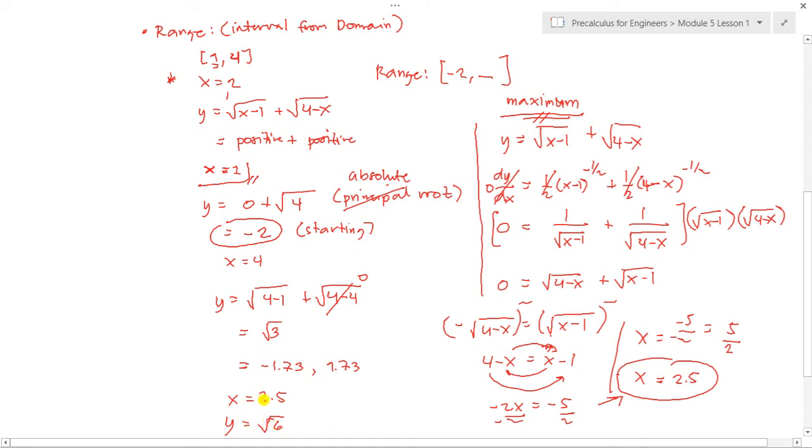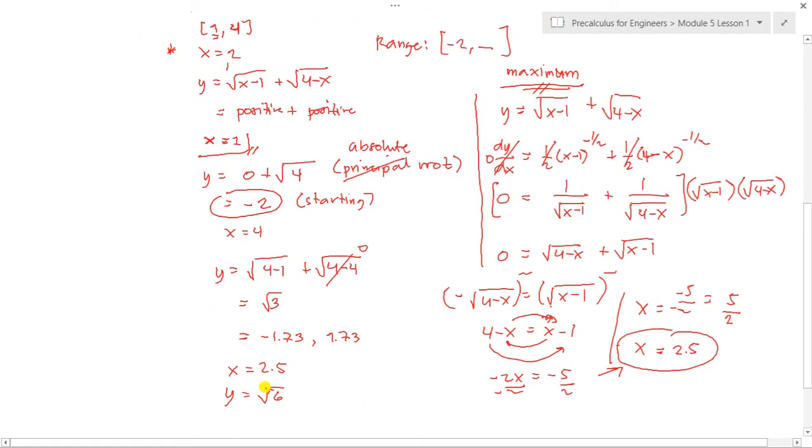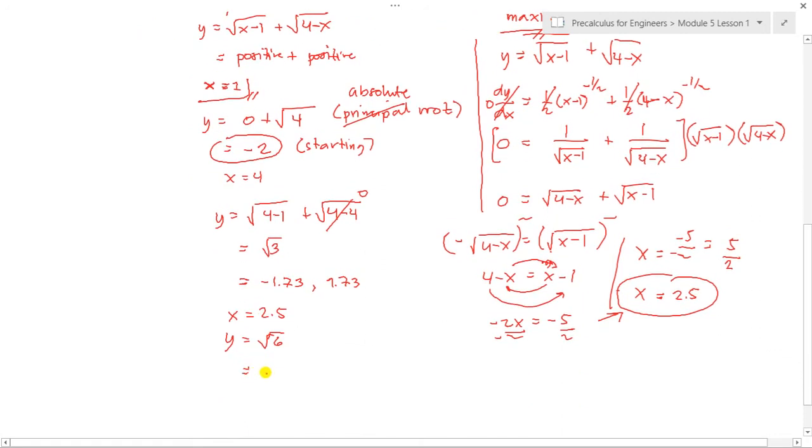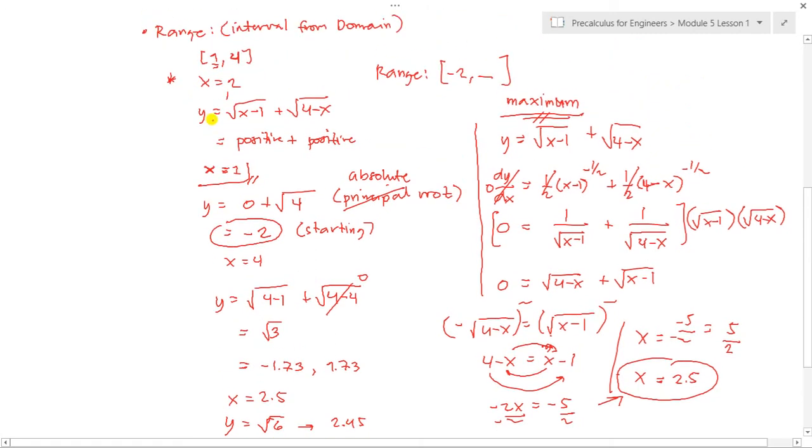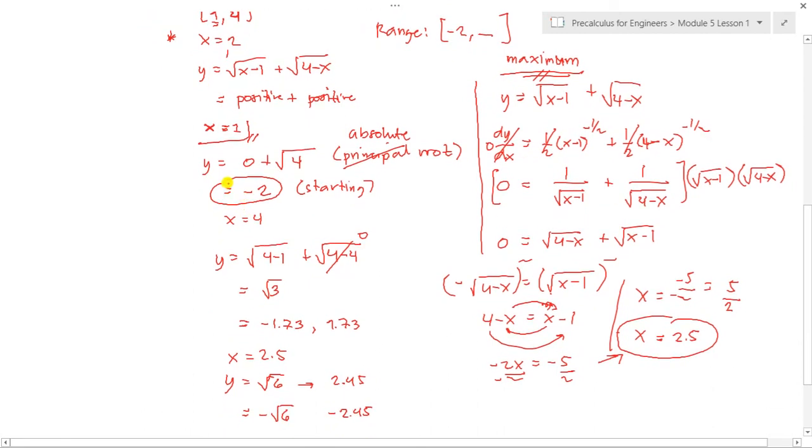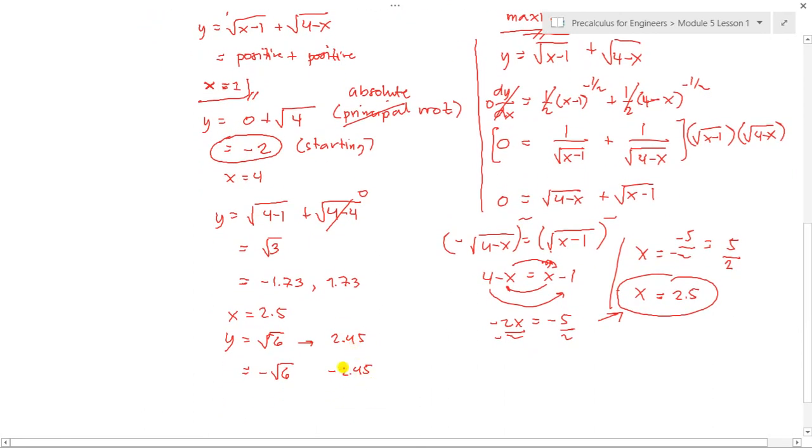But actually if we are going to take the absolute root, we can also produce the negative square root of 6, right? So this would be approximately 2.45, and the other one is negative 2.45. Our first assumption for the lowest was negative 2, but the fact is there is still a smaller one, which is negative 2.45.